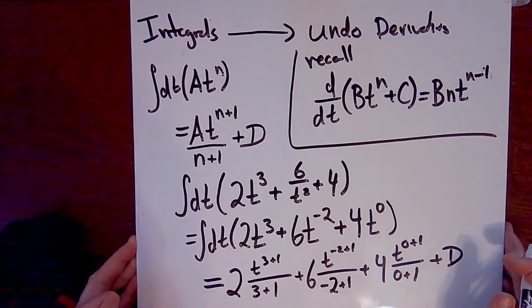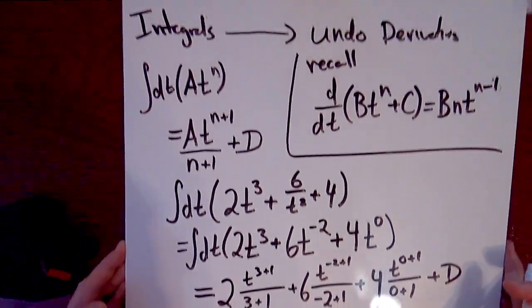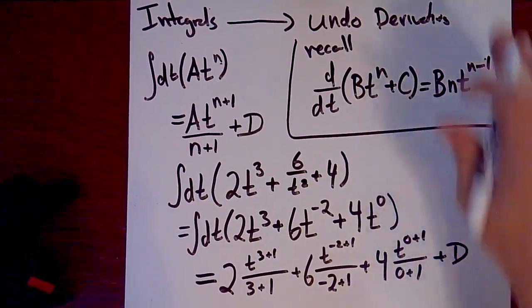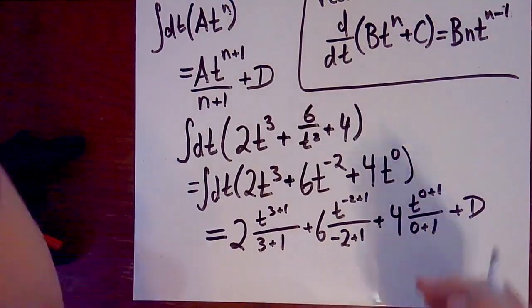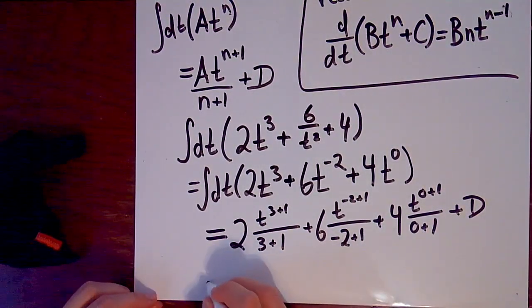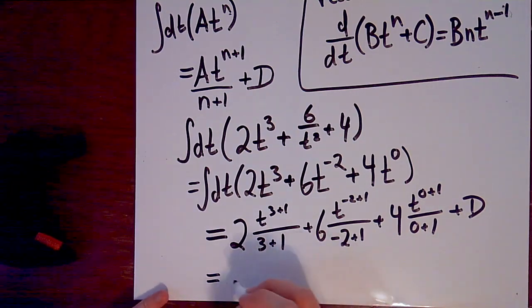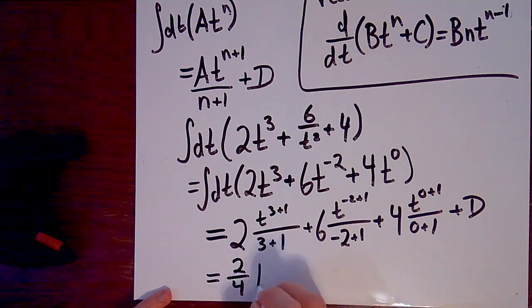All right, now need a little more room. Maybe we can move this. All right, just a little bit more room, and we can clean this up. All right, 2 over 3 plus 1, that's 2 over 4.